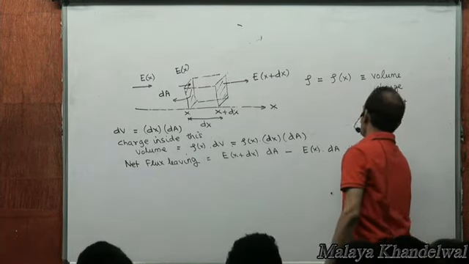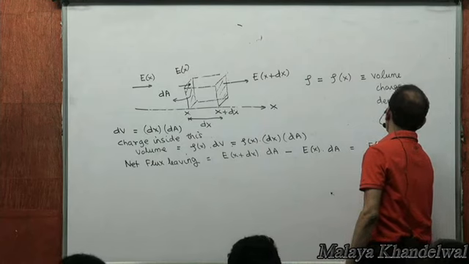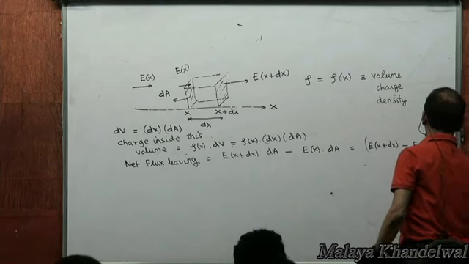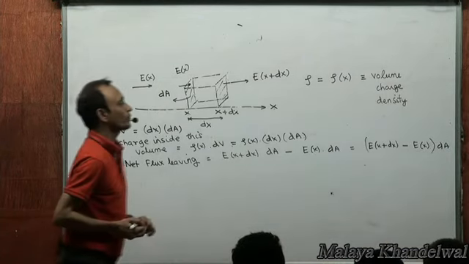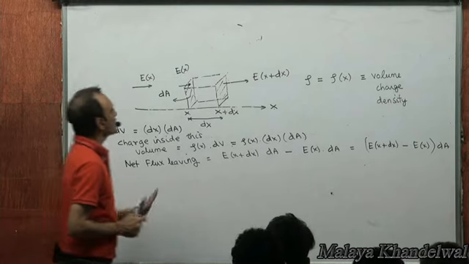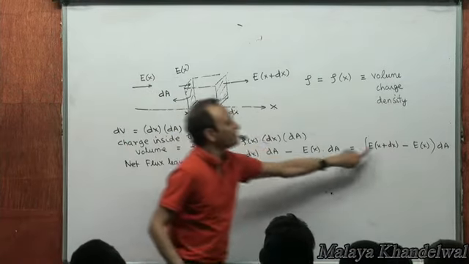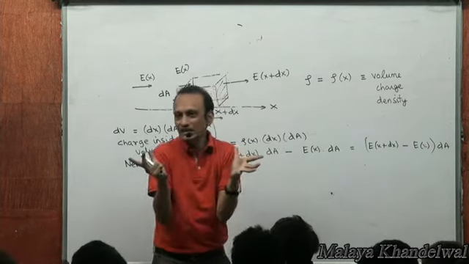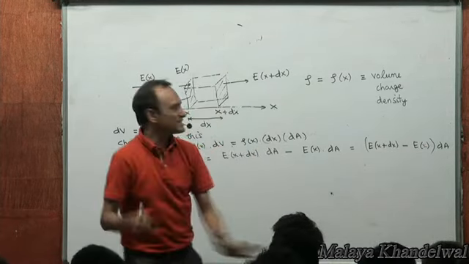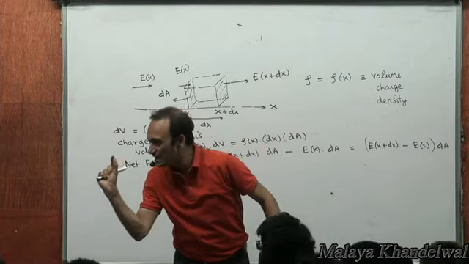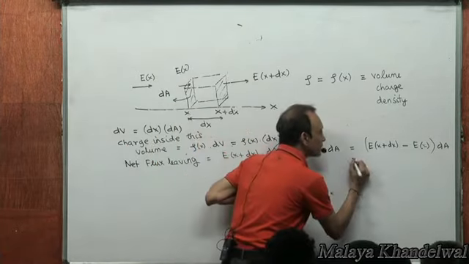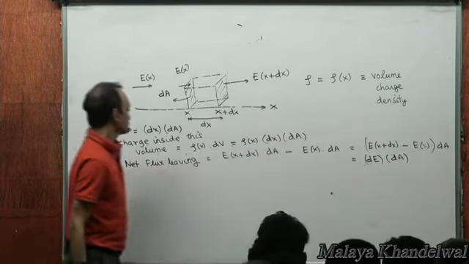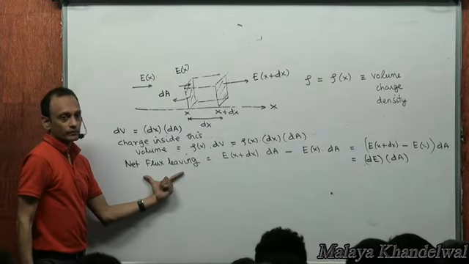Which is E at x plus dx minus E at x, into dA. But this is like the change in E, final minus initial, dE from x to x plus dx. So dE into dA is the net flux leaving.